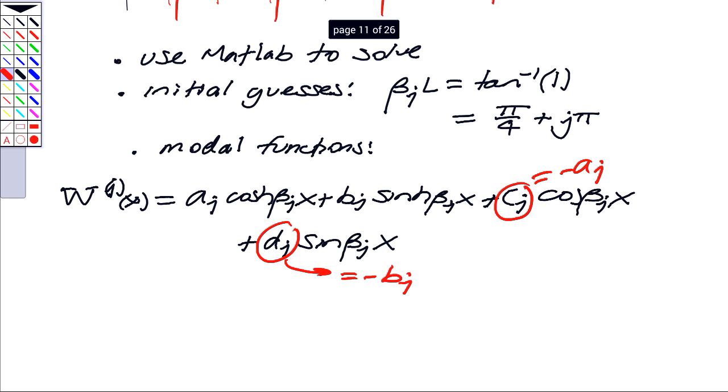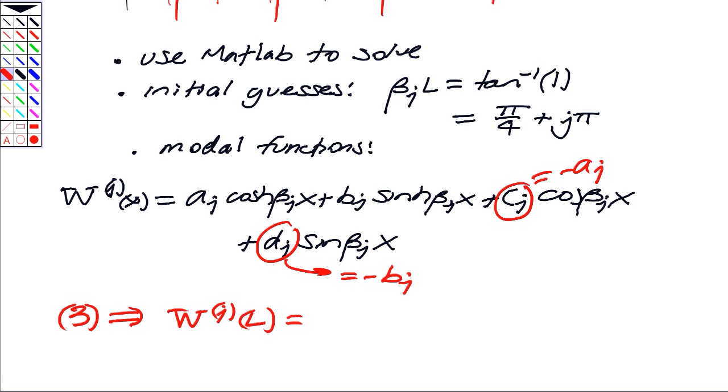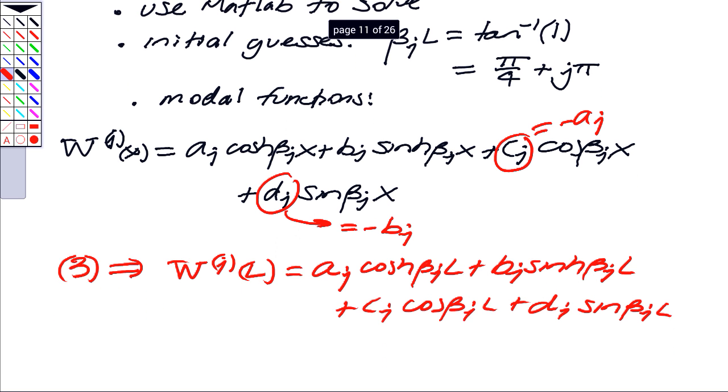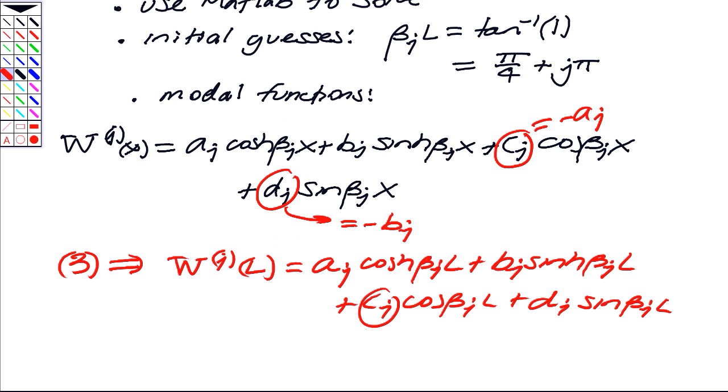And equation 3 above tells us that Wj(L), which was equal to Aj cosh beta j L plus Bj sinh beta j L plus Cj cosine beta j L plus Dj sine beta j L. I keep wanting to say S there, that is the D. So again, this was equal to minus Aj, and this is our minus Bj.